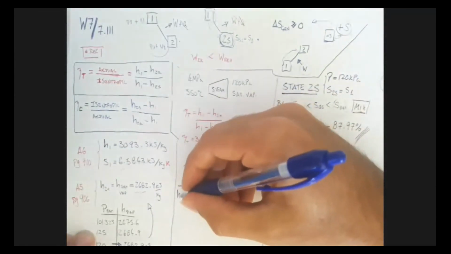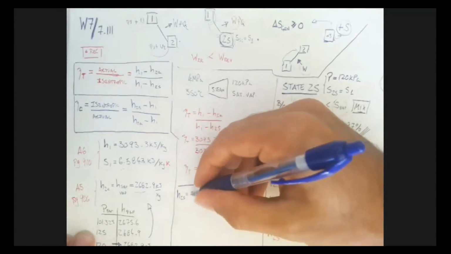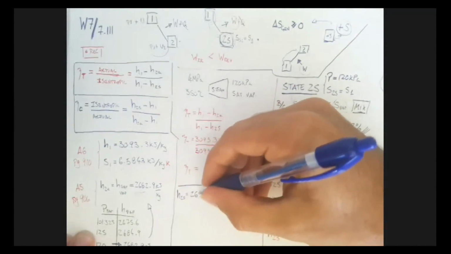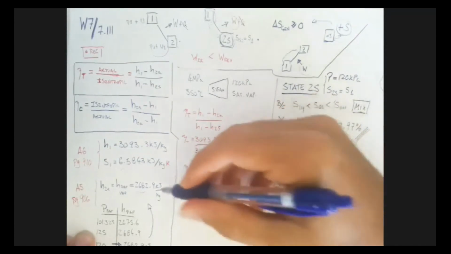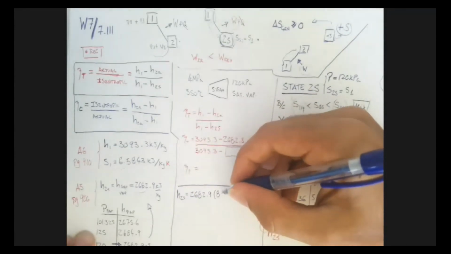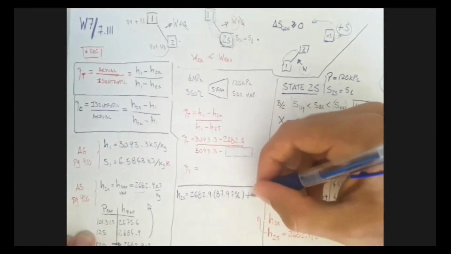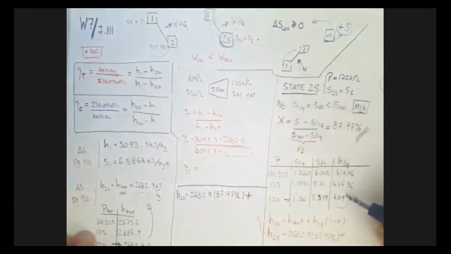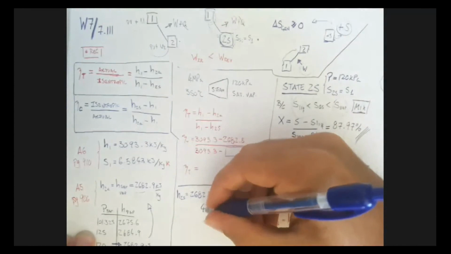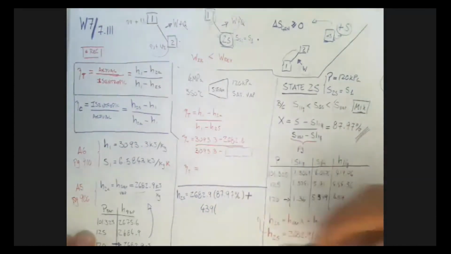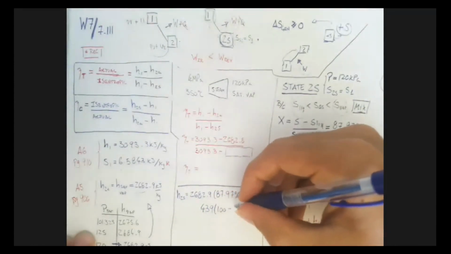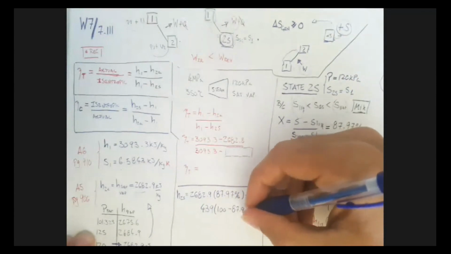So h2s is going to be 2682.9, which is the value that we had before, times my 87.97% plus my liquid one, 439 times 100% minus 87.97%.